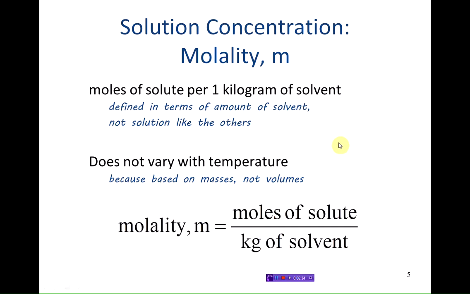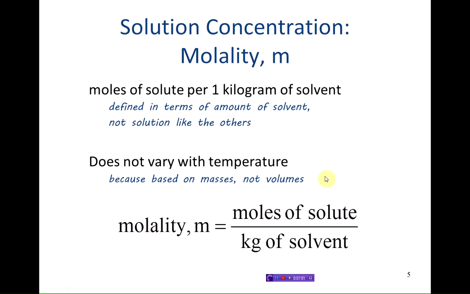So here's that other unit of concentration, the molality. Remember we said on the previous slide that molality was lowercase m, and this is the moles of solute per kilogram of solvent. So it's defined in terms of the solvent, not the solution like many other concentrations. But the nice thing about molality is that it does not vary with temperature because it's based on the masses and not the volumes.